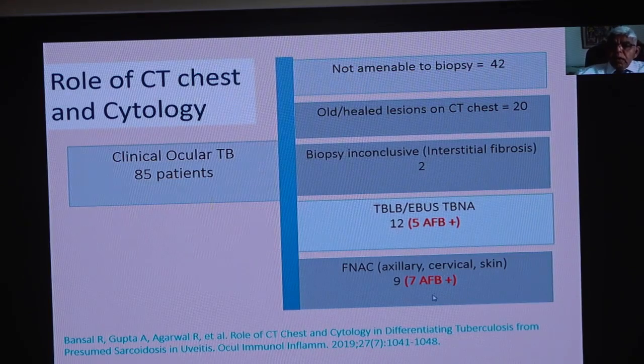Interestingly, we found that 12 of the 21 patients with positive biopsy also demonstrated the presence of AFB, indicating that these patients did have extrapulmonary tuberculosis. So in about a quarter of these patients of clinically strongly suspected TB uveitis, there was evidence of extrapulmonary tuberculosis.